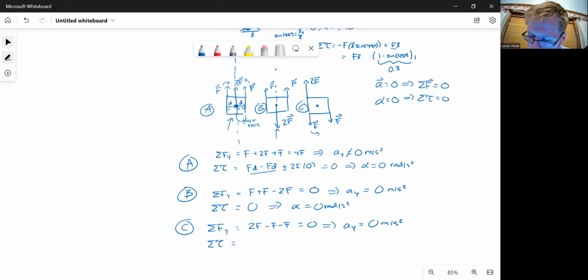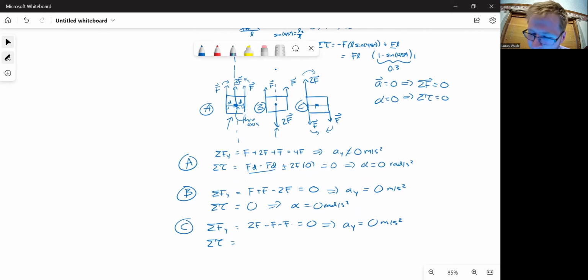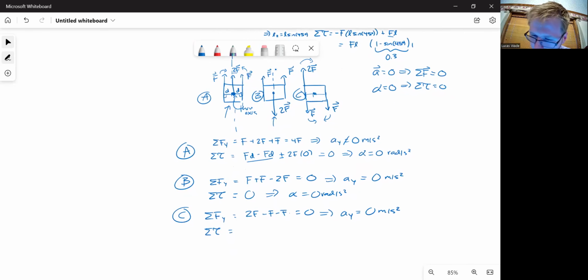So we have a non-zero net torque because these two will balance each other, because they have equal lever arms but act in opposite directions. The one on the left acts counterclockwise, the one on the right acts clockwise. But then we've got this one up top, and it's not balanced by anything. So we see immediately that we do have a non-zero net torque, but if we want to calculate it, we can say counterclockwise net torque on the left, FD, minus that one on the right.